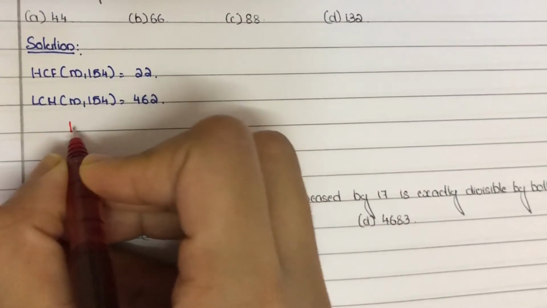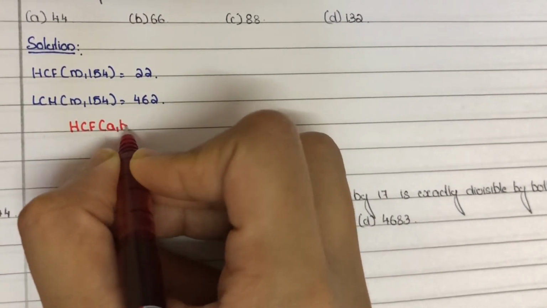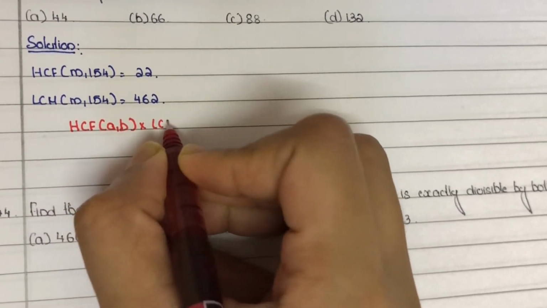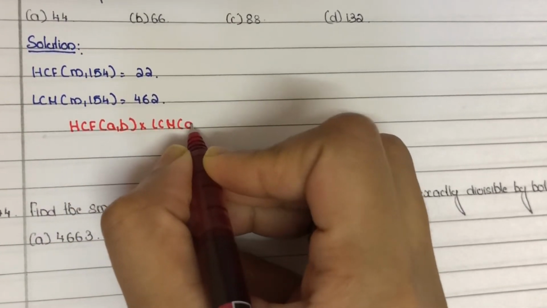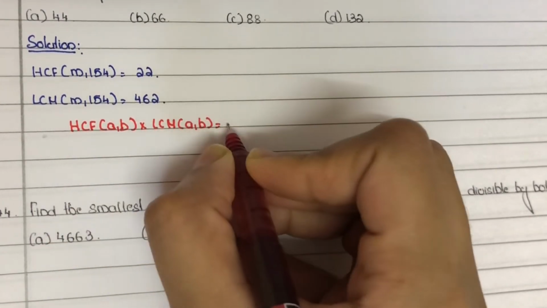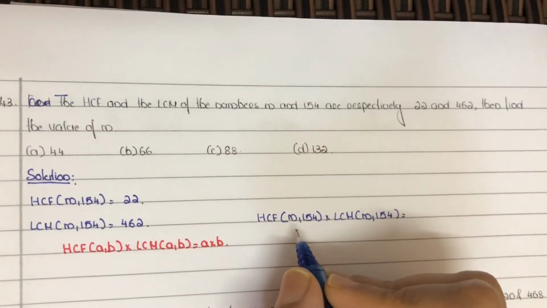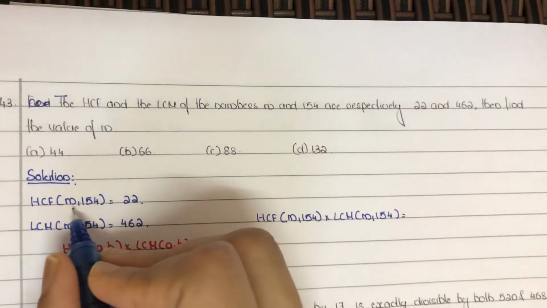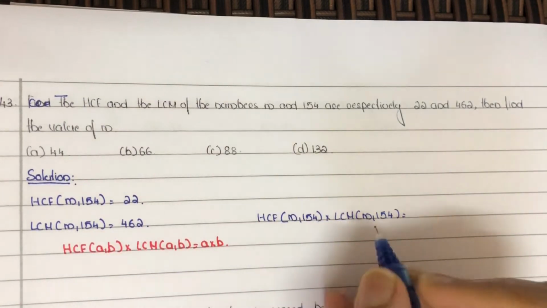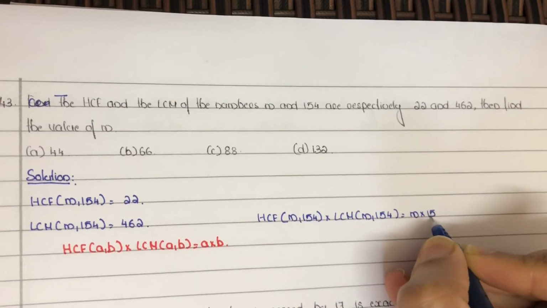We know that for two numbers, let the two numbers be a and b, HCF of a, b into LCM of a, b is equal to a into b, the product of the two numbers. That is, HCF of m, 154 into LCM of m, 154 equals m into 154.